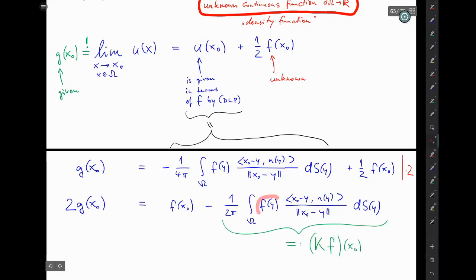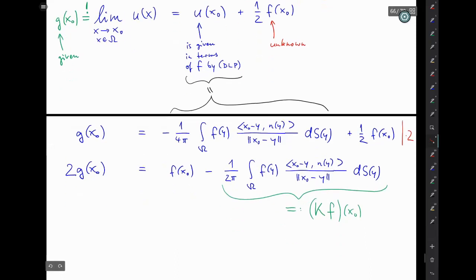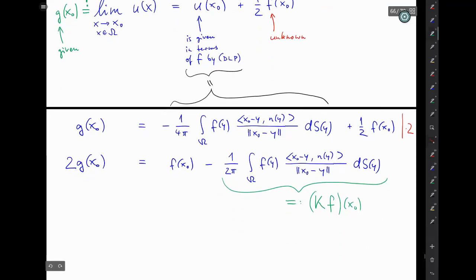So if you multiply this function f here by a little alpha, then this little alpha can come out, of course. Or if you do this for one function f and then for another function f, you can add your f's first and then plug in, or you compute the integrals separately and then add up. So you obviously have linearity. Okay, so this is a linear integral operator.